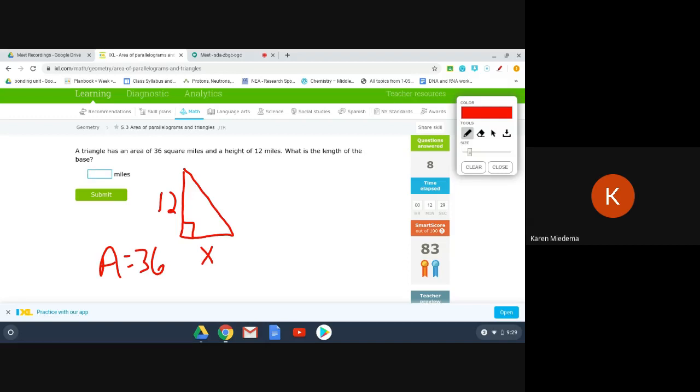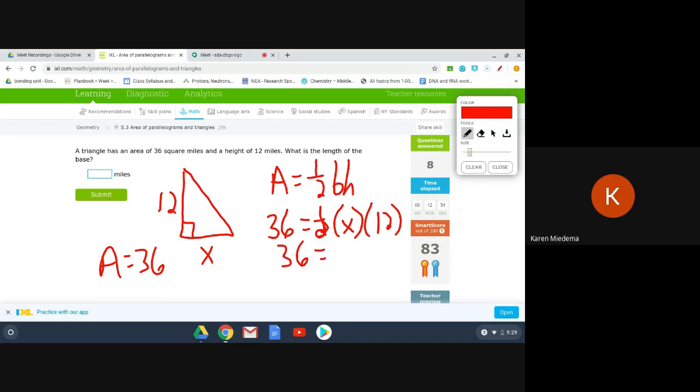So using my formula for a triangle, area equals 1/2 base times height. Let's substitute in. So I got 36 for my area equals 1/2 from the formula. The base, I don't know what the base is. I called it x, and the height is 12. 36 equals 1/2 times 12 is 6, and then times x is x.